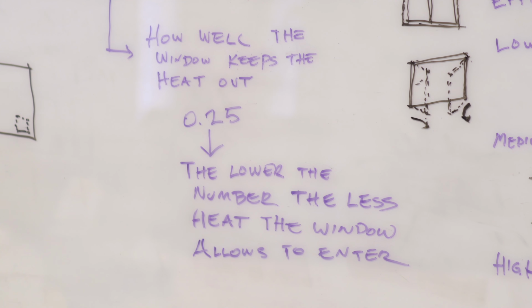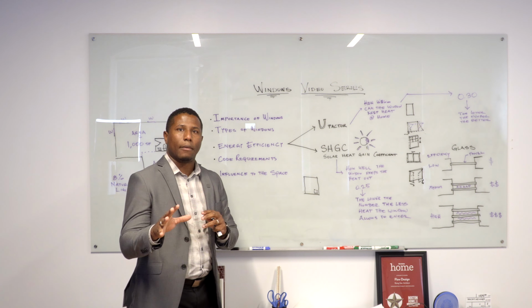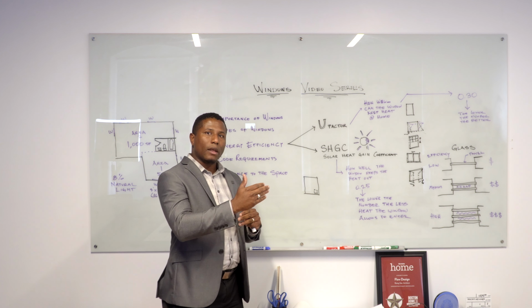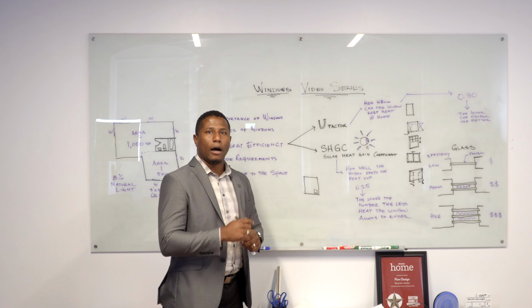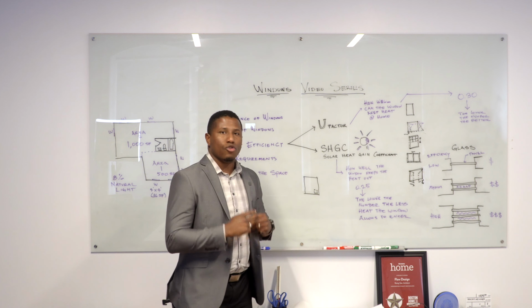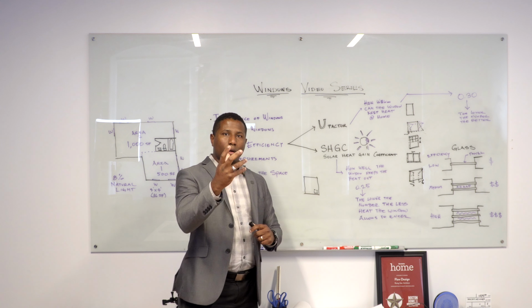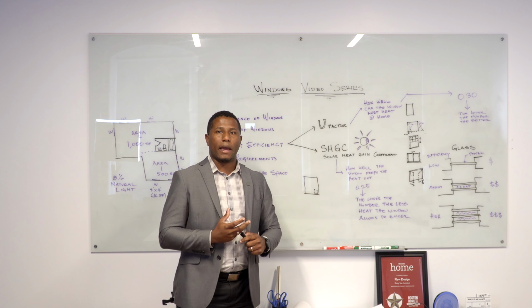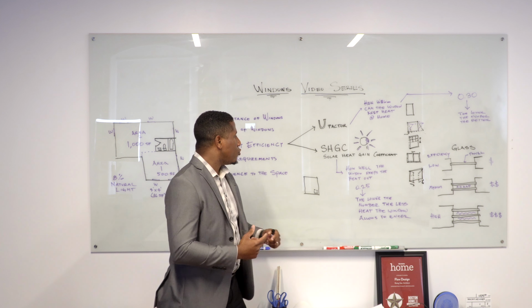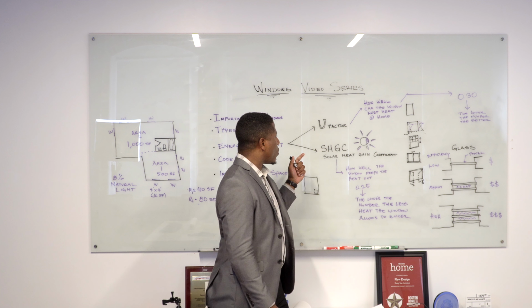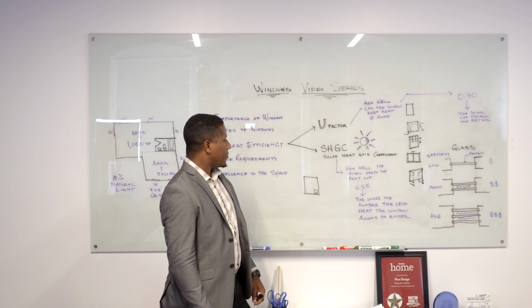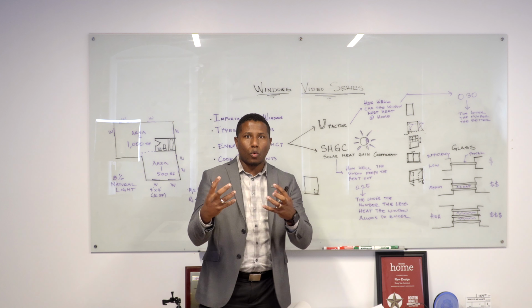This one is very important because if you are in New England, in the winter time, if you have a south-facing facade, and you have, let's say, trees that allow the sun to penetrate your space in the winter months, you want to make sure that your window allows that heat to enter.